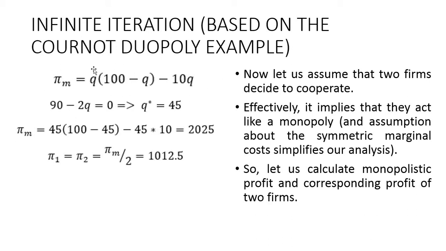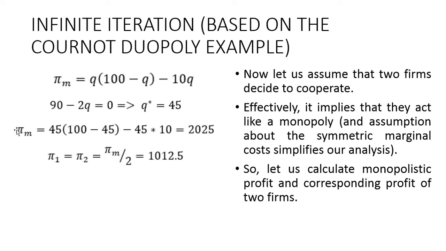So in this case, based on the market demand function, you have to maximize the profits of the monopoly. So here is the function for profit. According to the first order maximization condition, the first derivative has to be equal to 0. And when maximizing profits, the monopoly will produce 45 units.